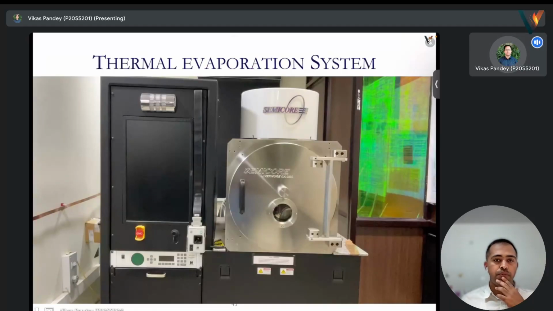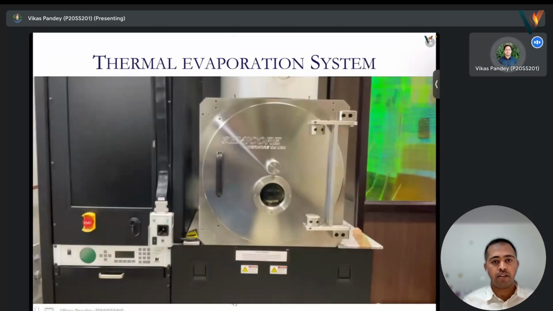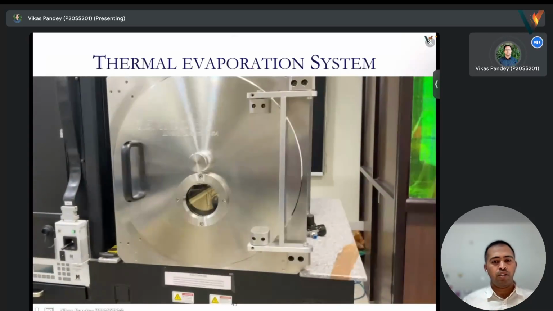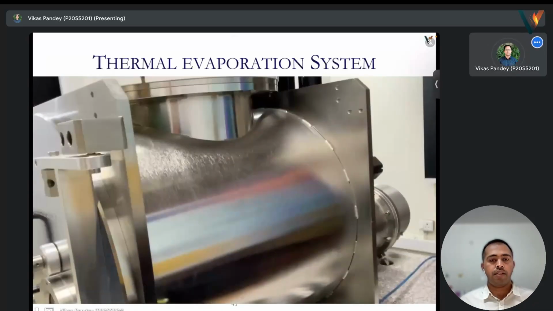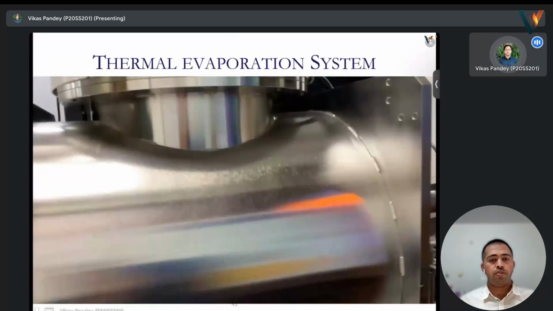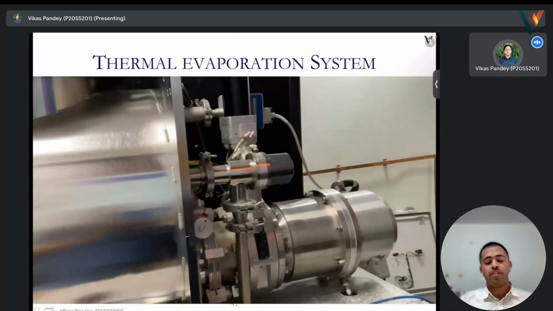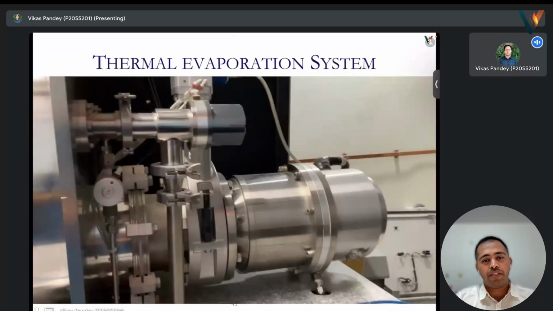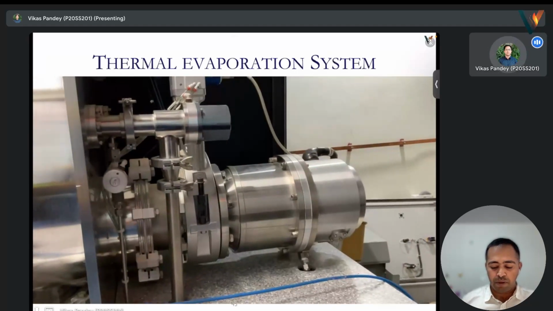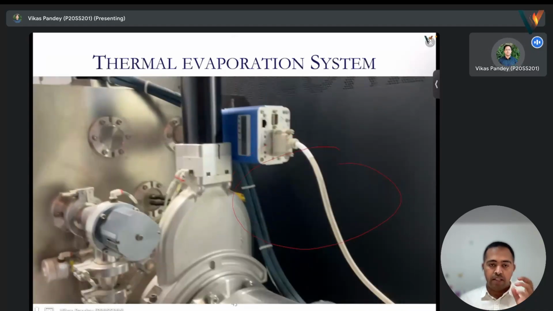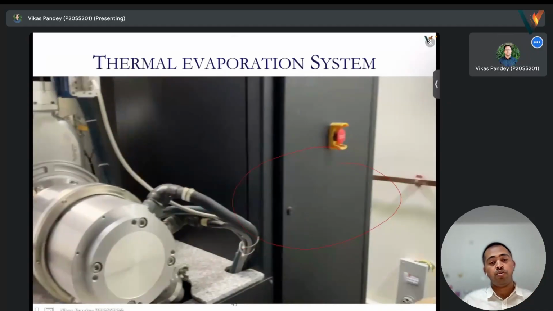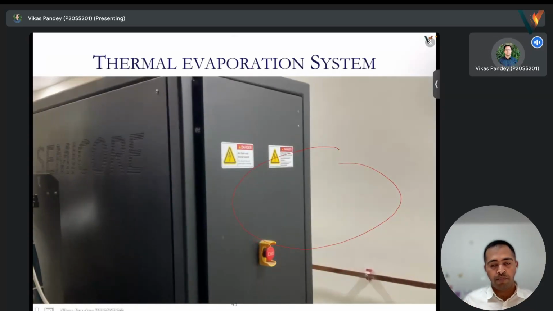Now I will show you some thermal evaporation systems that we have. This is one from Semicore. This is almost automated, having two boards. So this system, just to appreciate how it looks, this is the part at the back you saw, that is the turbomolecular pump using which we make this high vacuum.